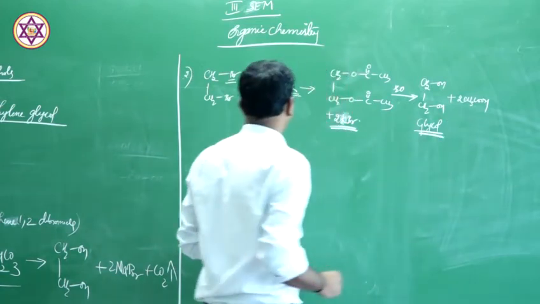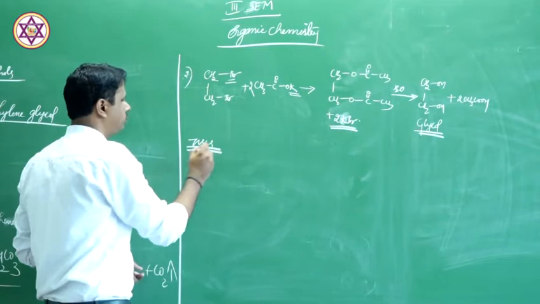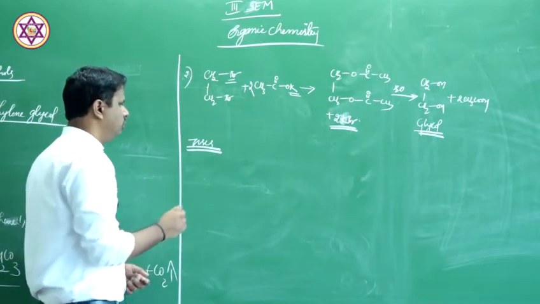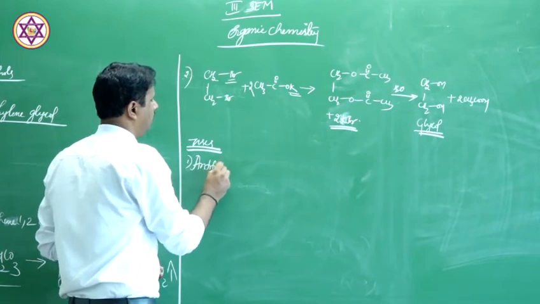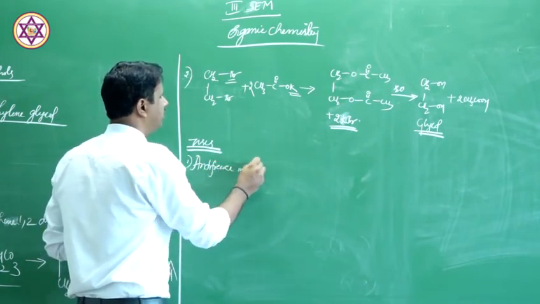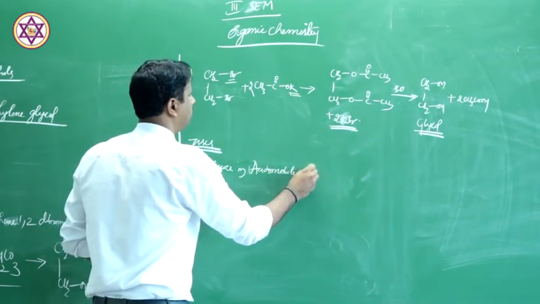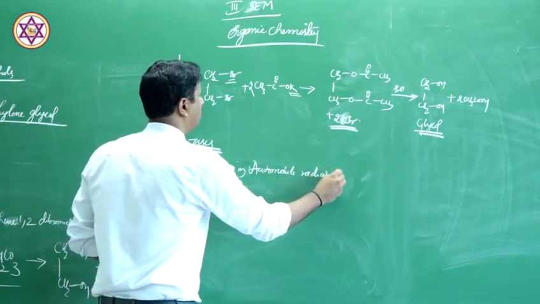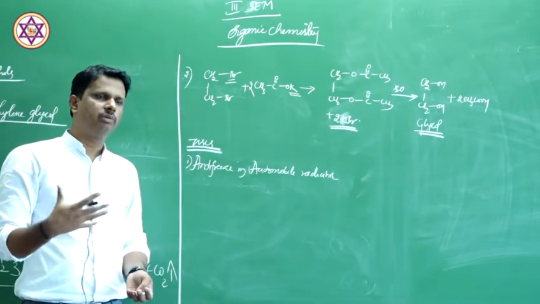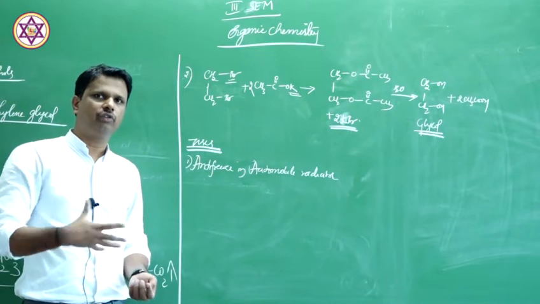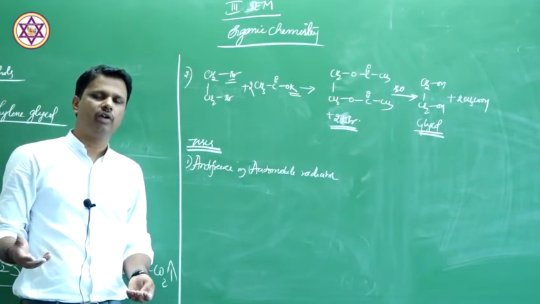Now what are the uses of this molecule? Let us see where we use it. We use it as antifreeze in automobile radiators. Because we know that in cold countries, we use water in the radiator of the vehicle, in a car engine or in any heavy vehicle engine.